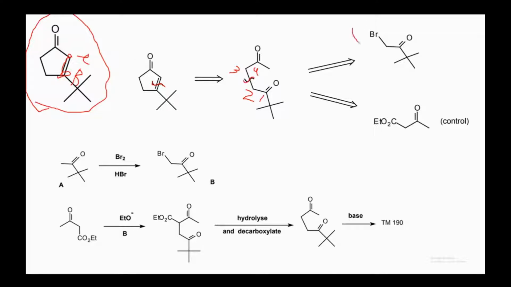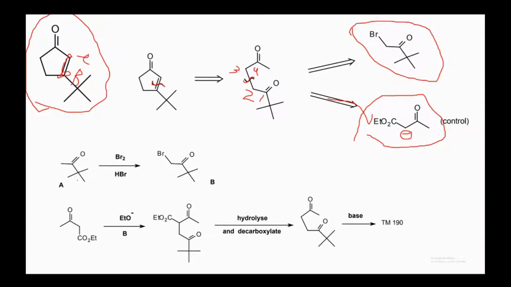One part becomes the alkyl halide, and one part becomes the nucleophile. Why are we adding this extra ester? Because to stabilize this negative charge in the synthesis. This electron withdrawing ester group will stabilize this negative charge, and in this way it can act as a better nucleophile to attack the electrophile.